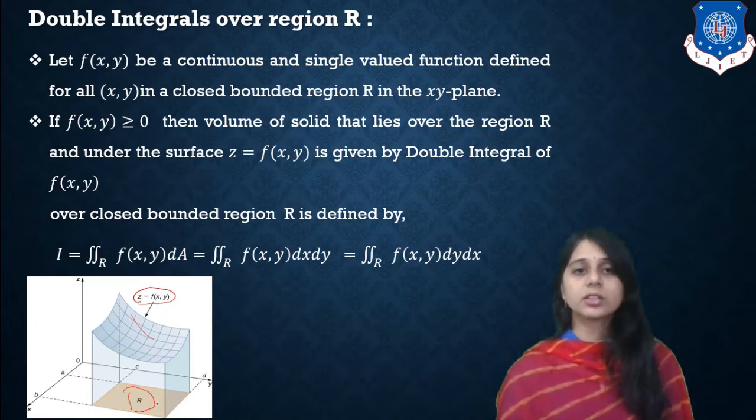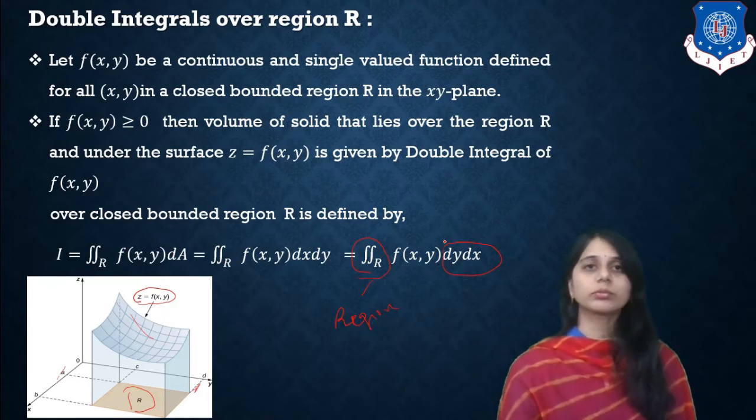Why are we taking this case? It is a dy formation and it is a dx formation. So we say the double integral over R, where R is a region, and dy dx is the area under the curve.